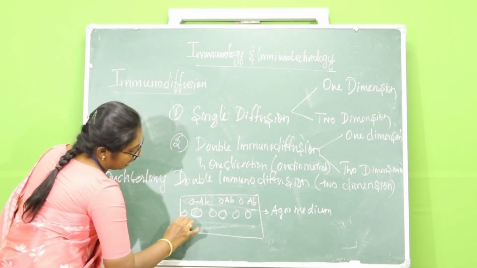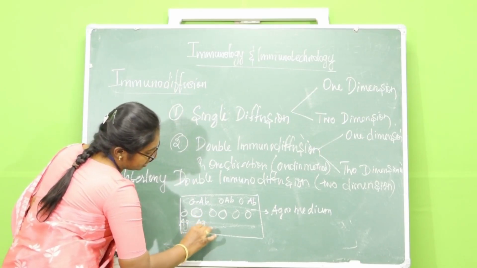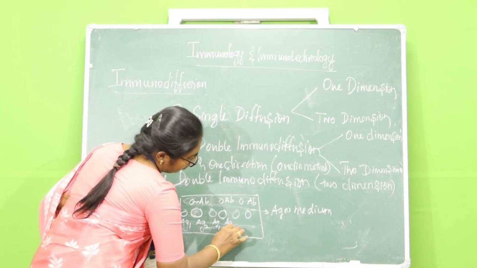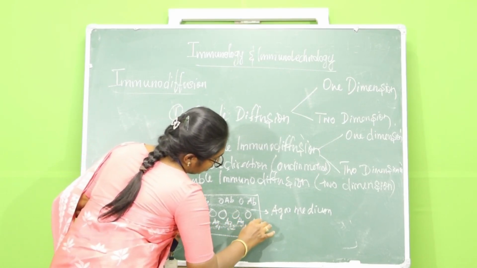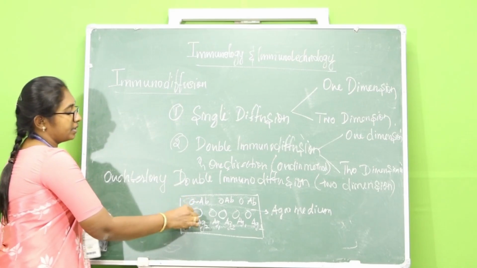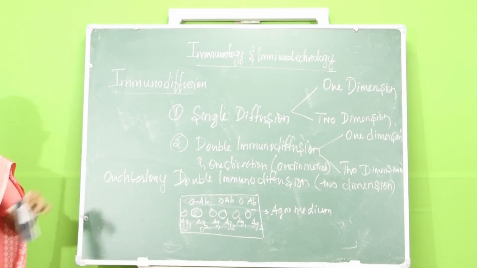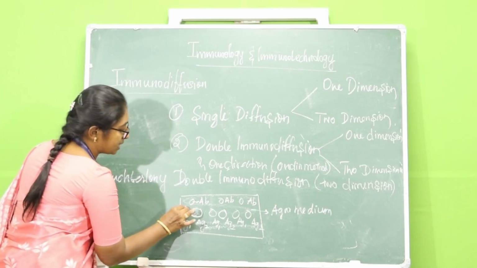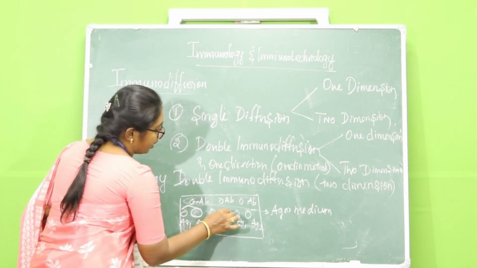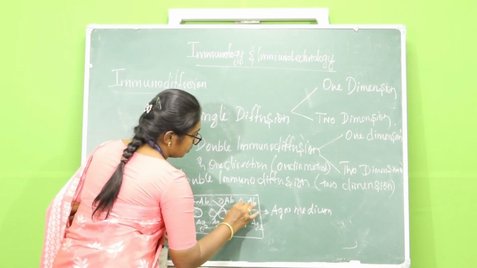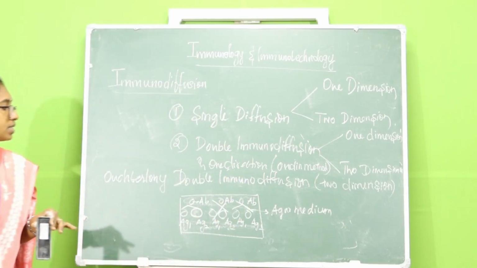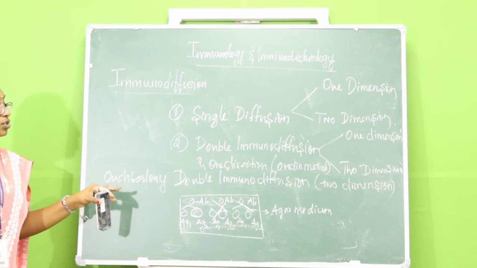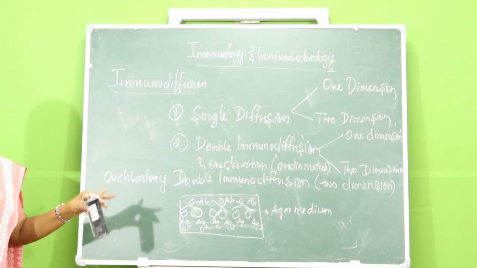In the other two, we add different antigens. This antigen moves towards the antibody and the antibody moves towards the antigen, resulting in different formations. We use this method usually to compare antigens and to find the identity between the two antigens to the antibody.